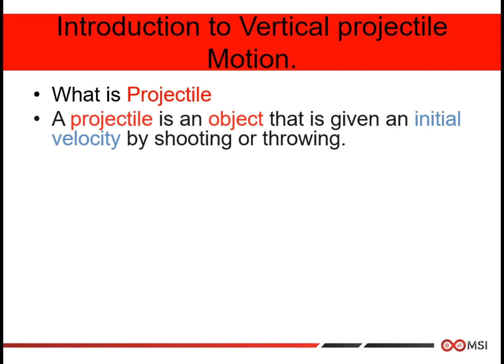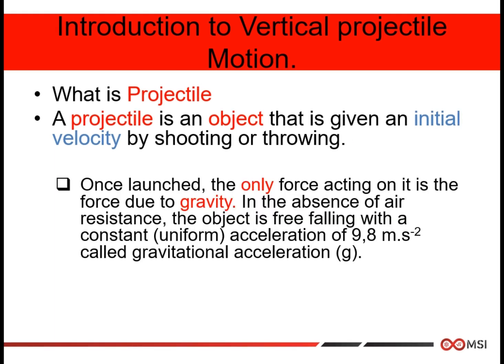Basically, a projectile is an object that is given an initial velocity while there is only one force acting on it, which is the gravitational force. Once launched, the only force acting on it is the force due to gravity in the absence of air resistance.